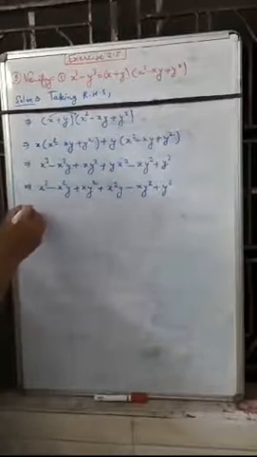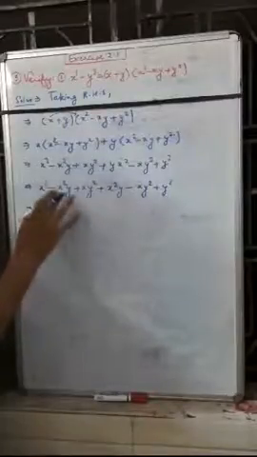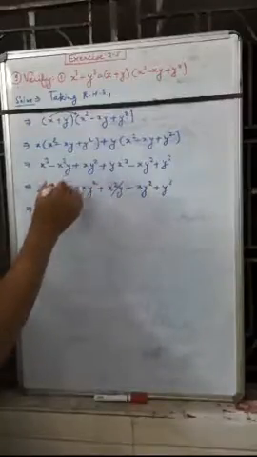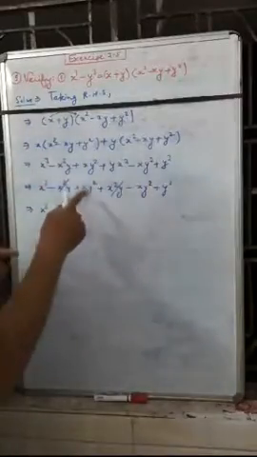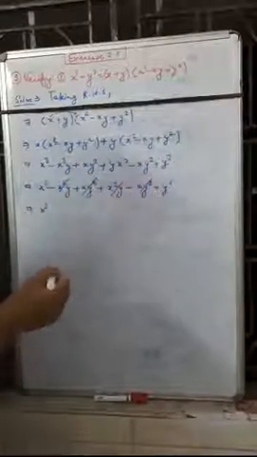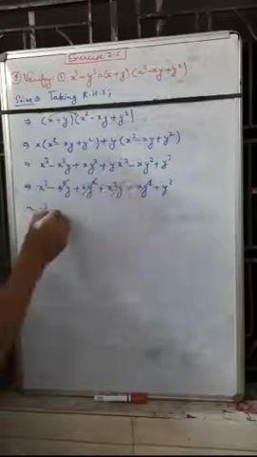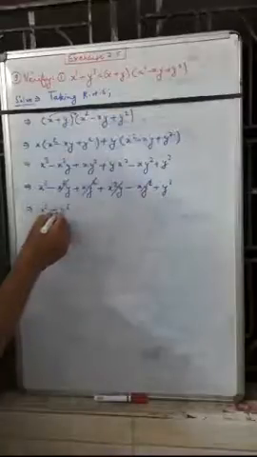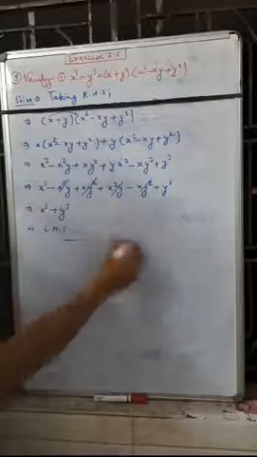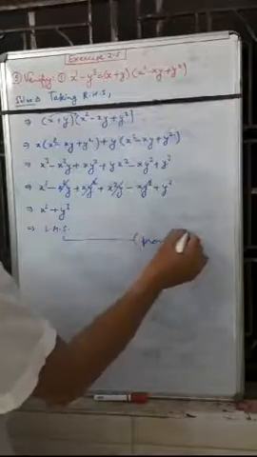Now similar terms: we have x cube minus x square y, here it is minus sign and here x square y is plus sign, so both cancel to 0. Also xy square and minus xy square cancel each other, so we will get 0 here. The last terms we have are x cube plus y cube, which is equal to the left hand side. So it is the verification we had to prove. So it has been proved.